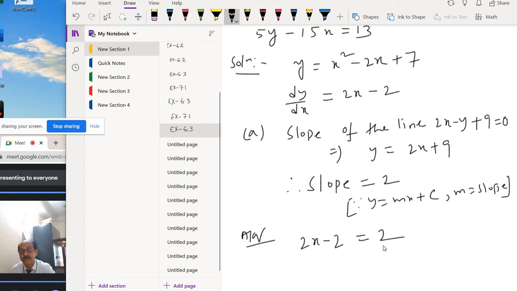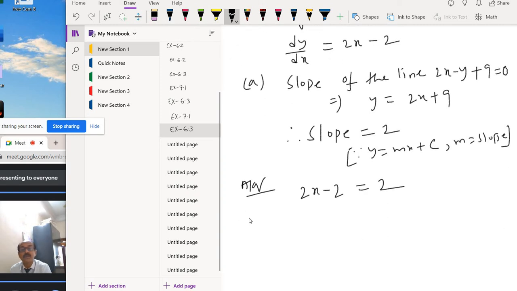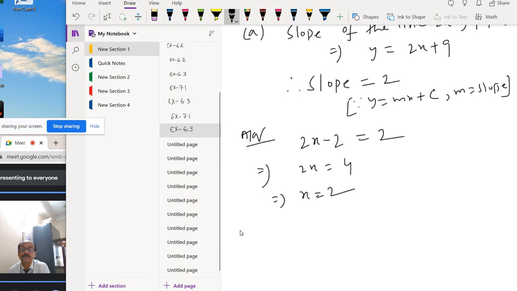Okay. So, yes sir, 2x equal to 4 and x equal to 2. Now x equal to 2. When x equal to 2, find y. So y equal to, we know the curve is y equal to x square minus 2x plus 7.